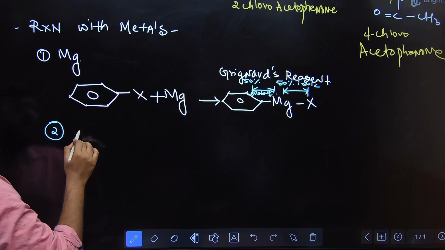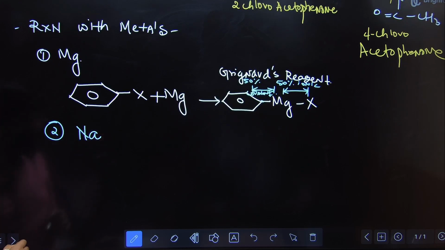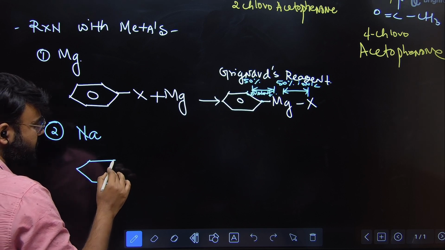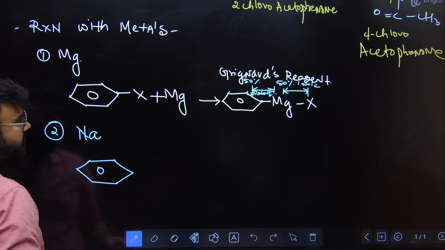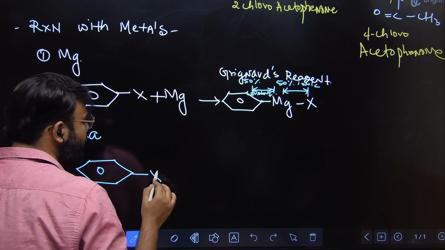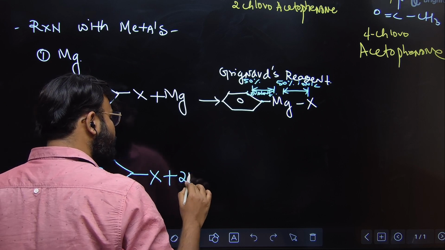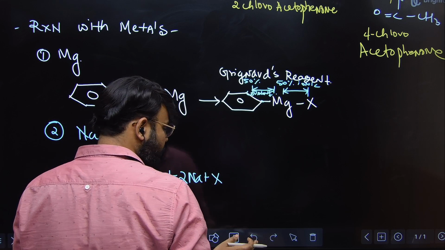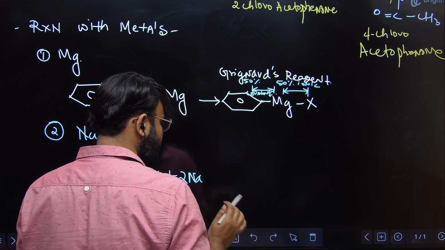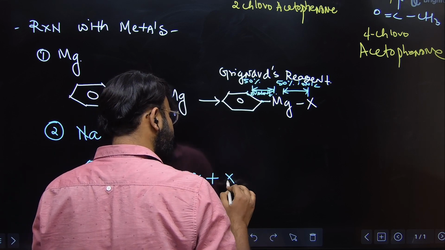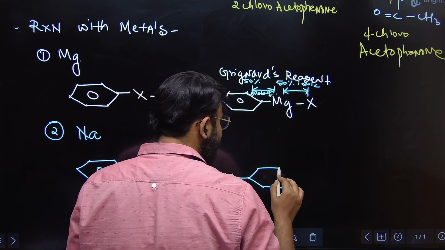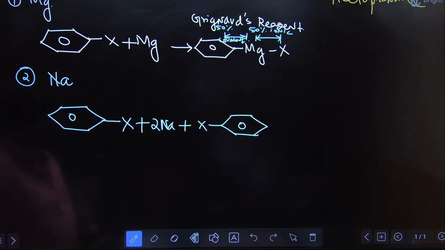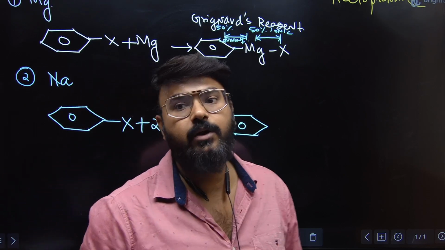So now, all of you, let's see the next reaction, guys. The next reaction is with sodium. You will take this haloarene with 2 sodium, because we will be using 2 haloarenes. Guys, please see this reaction. It is not a Wurtz reaction. Wurtz reaction happens in case of haloalkanes.